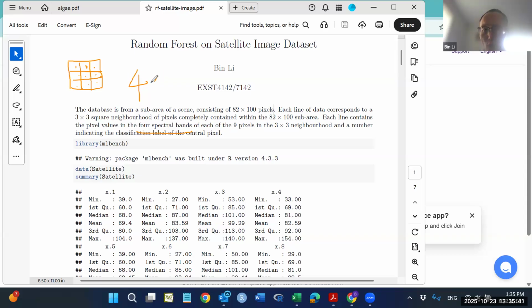So we have 4 times 9 variables, which is 36 predictors, right? What we want to predict is the soil type or the land type in the central pixel. That's the response.